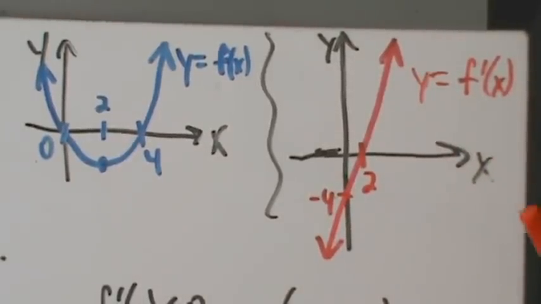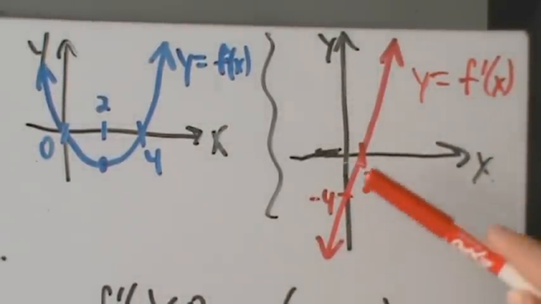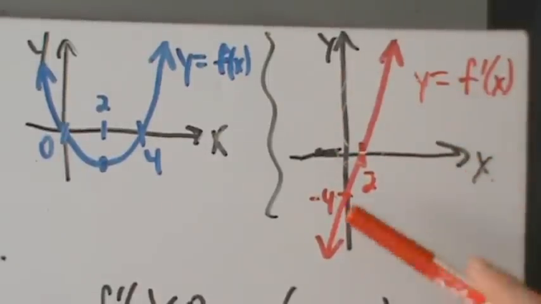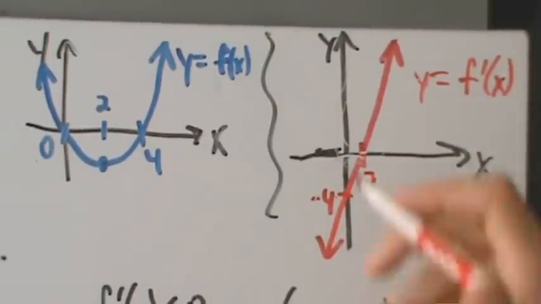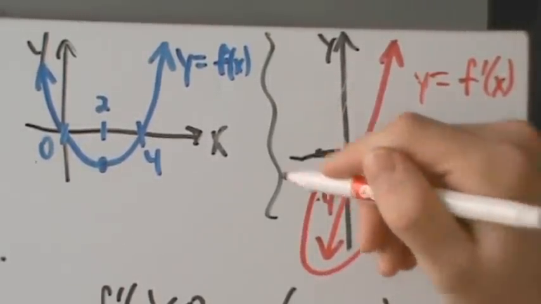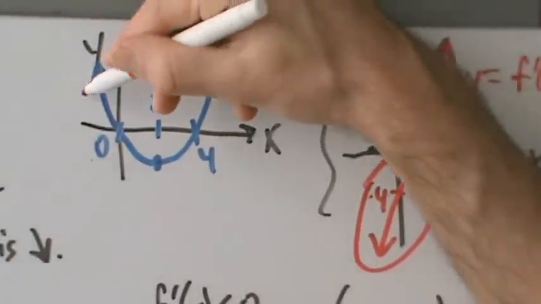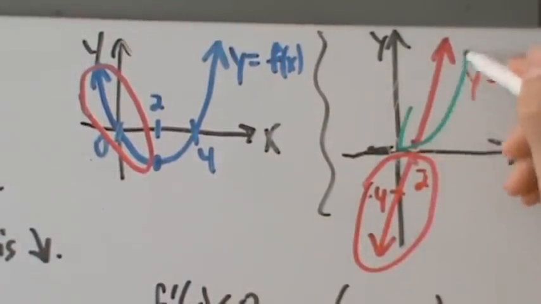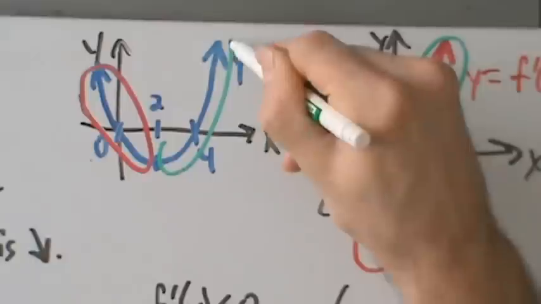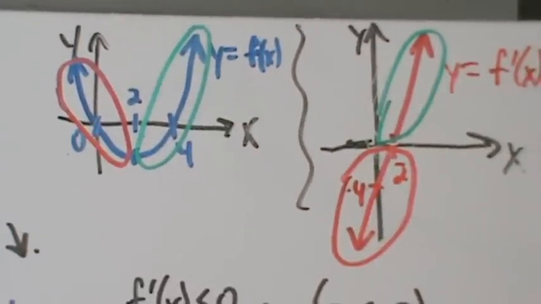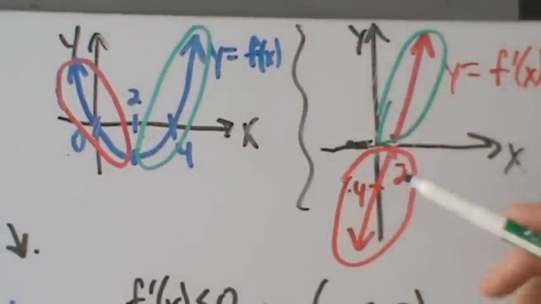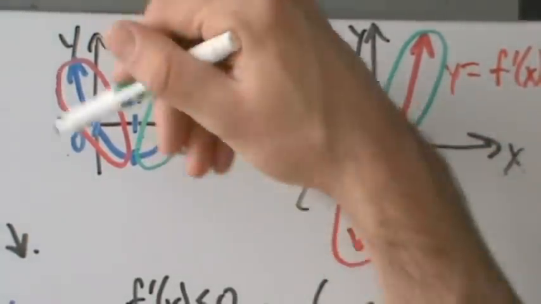All we want to look at is where the derivative is negative and where it is positive, because negative derivative means decreasing function, and positive derivative means increasing function.